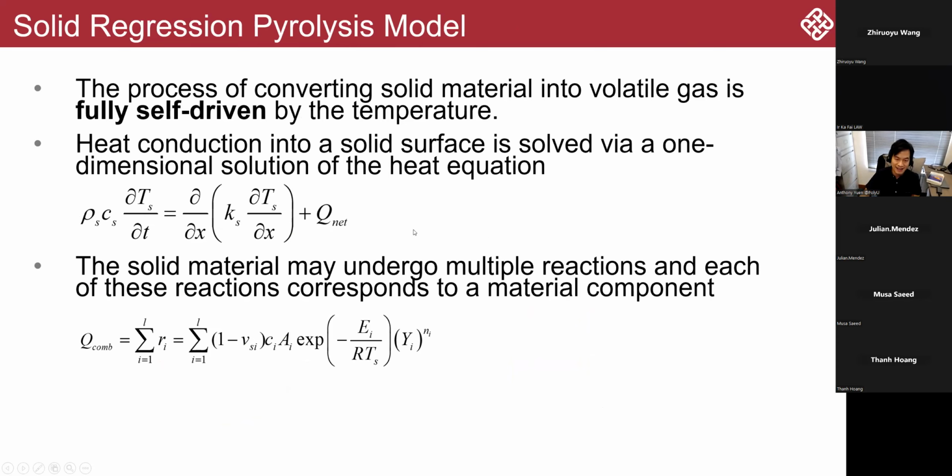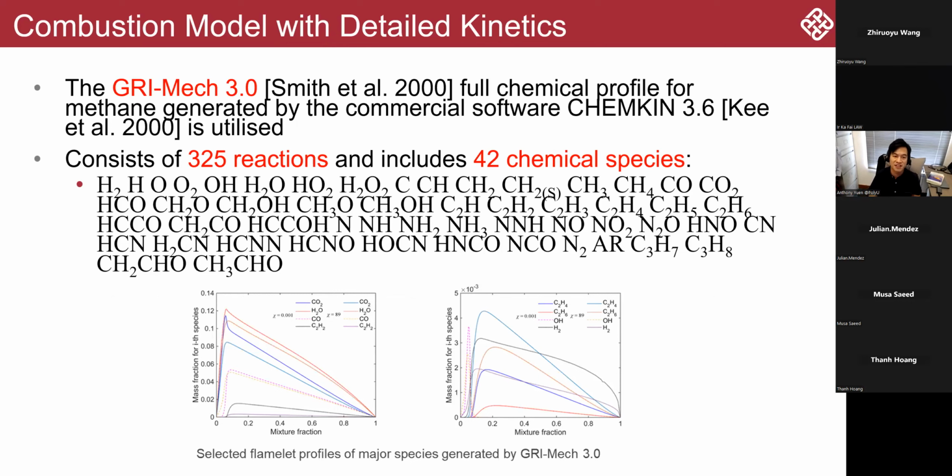But your QNet, besides the radiation and convection, the combustion contribution can be correlated back to the data we extracted from MD or TGA, which is based on the Arrhenius formulation. But more importantly, to make good use of the extracted information from MD in the CFD, we can conveniently use the detailed kinetics model, say for example, the GRI-Mech 3.0 involving 325 reactions and 42 chemical species.